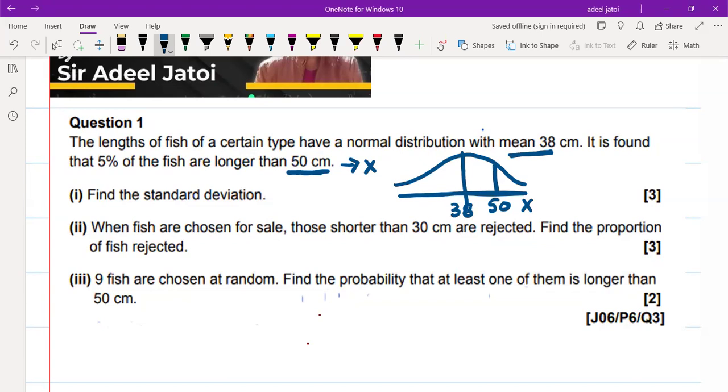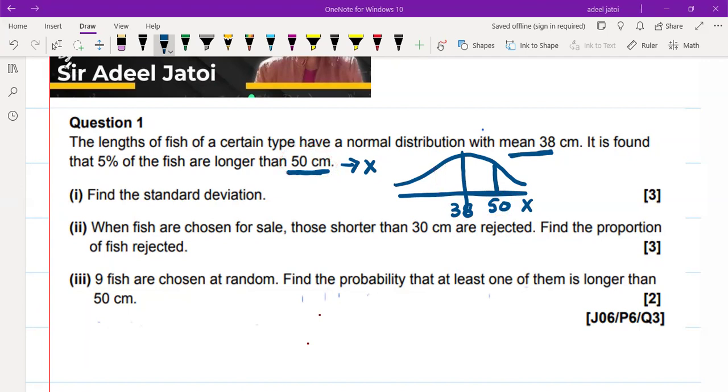If it is more than the mean, every time it will be on the right hand side. If it would have been less than the mean, it would have been on the left hand side.